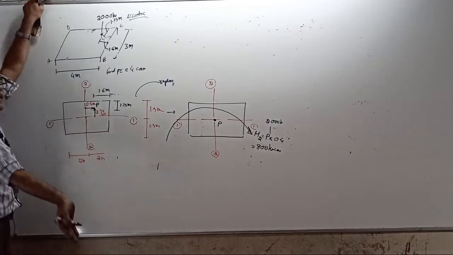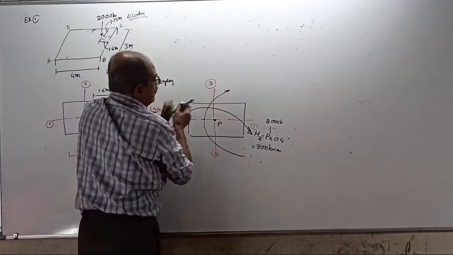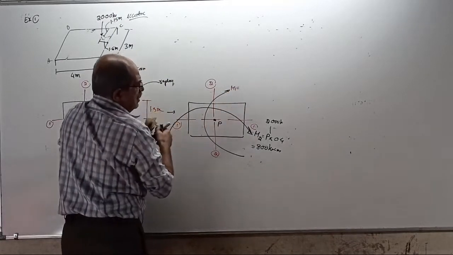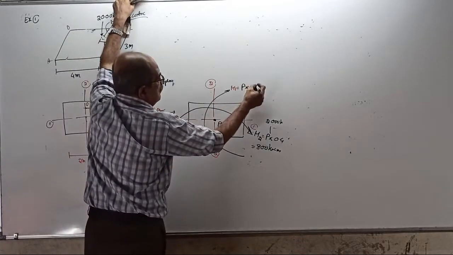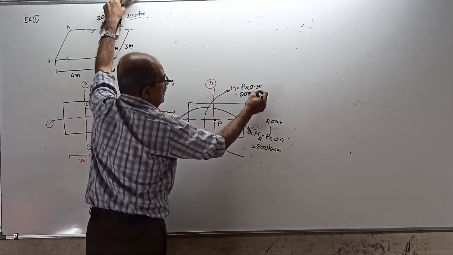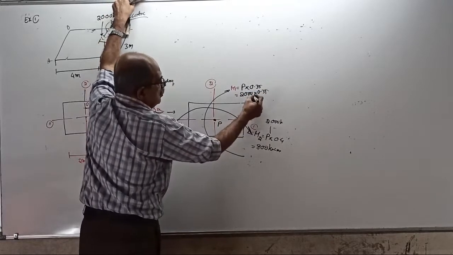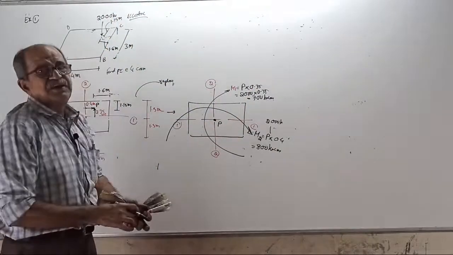It will create a moment like this. This moment is your M1. M1 equals P into 0.35, equal to 2000 into 0.35, equal to 700 kilonewton meter. Very heavy moment. This is a dangerous column.